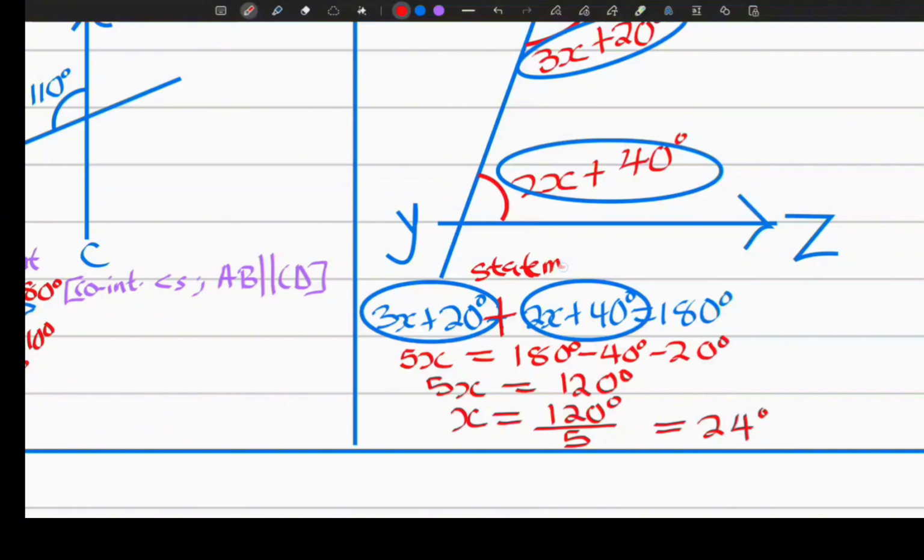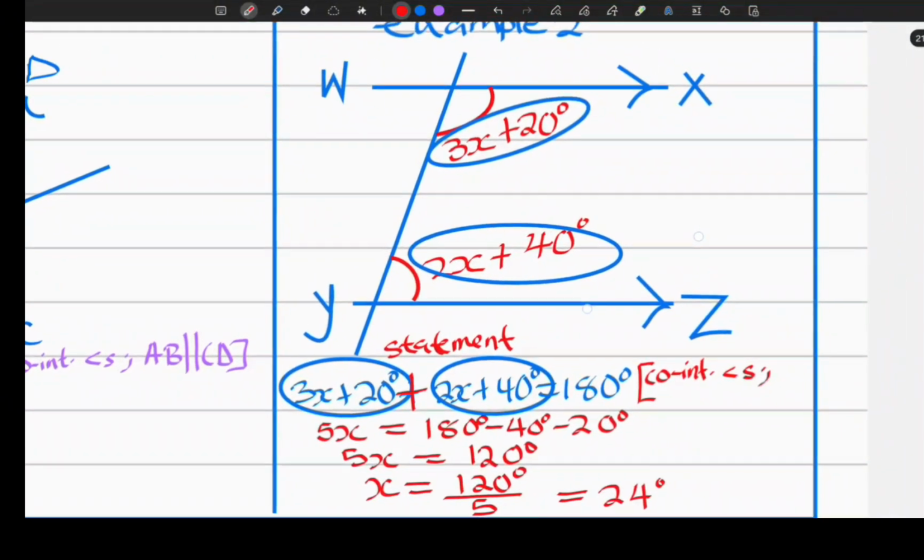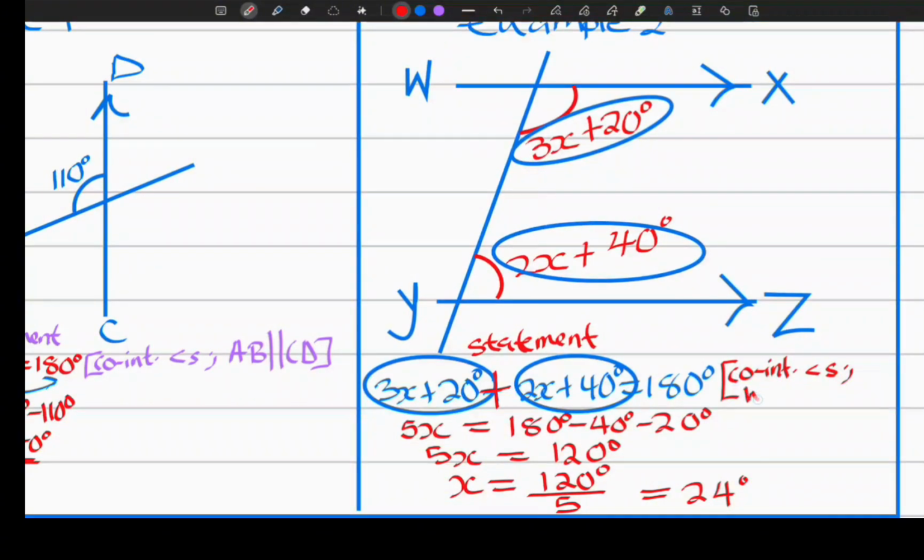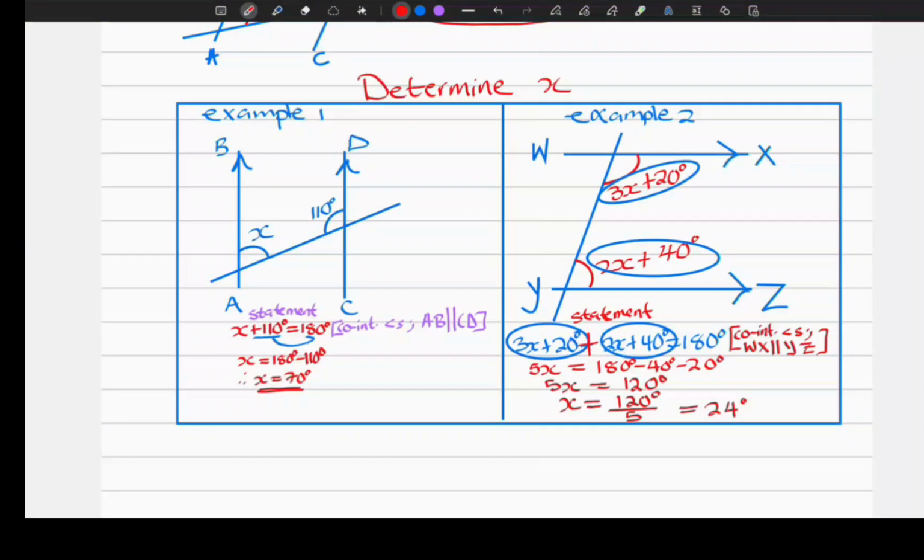Our statement needs to be supported with the reason. And our reason is the theorem, co-interior angles. This time around, our parallel lines are WX parallel to YZ. There we go.